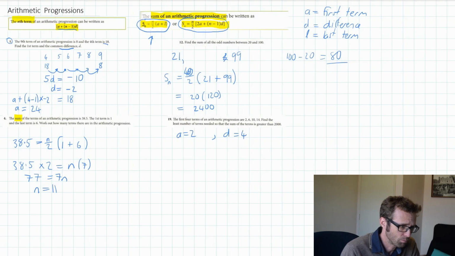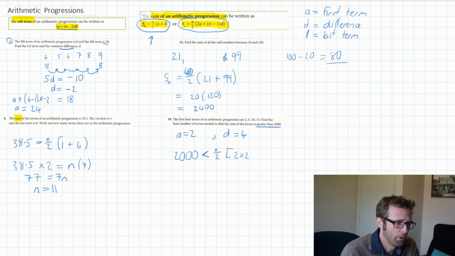So, I want 2,000 is less than, instead of equal to, because it says the sum of terms is greater than 2,000, is less than, now I'm going to go n over 2, because I'm trying to find n in this case, and I'm going to put my square bracket, 2 times a, which is 2.